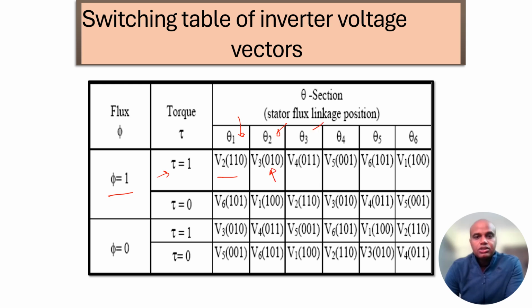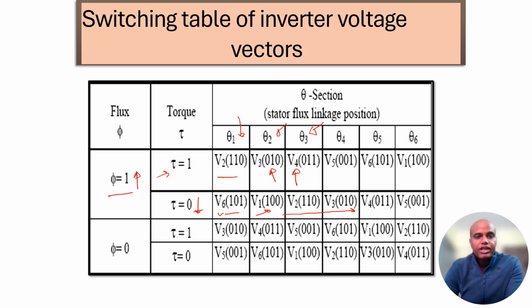Similarly, if it is in sector 3, then I need to select the switching combination V4. Similarly, if I have to reduce the torque and increase the flux, and it is in segment 1, then I need to select the vector V6. If it is in segment 2, then I need to select the switching combination V1. So it goes like this for the different segments.